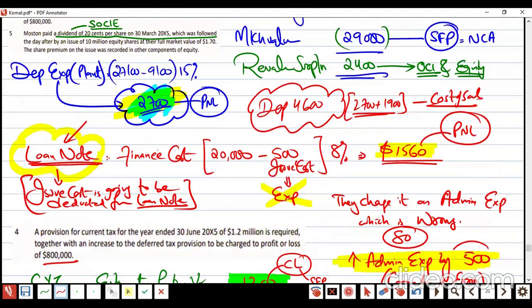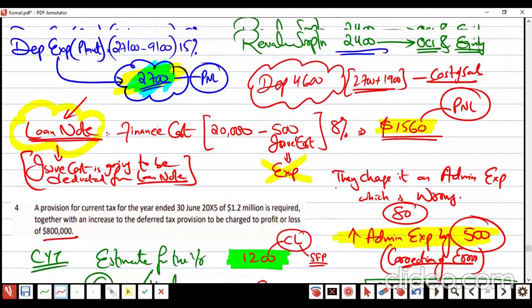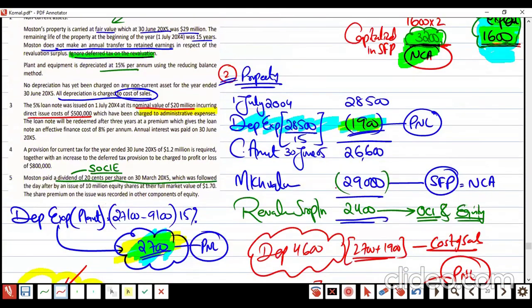What was the error? By mistake, they deducted 500 from where? Admin expense. They deducted it. What they did? Read the line. Which have been charged.